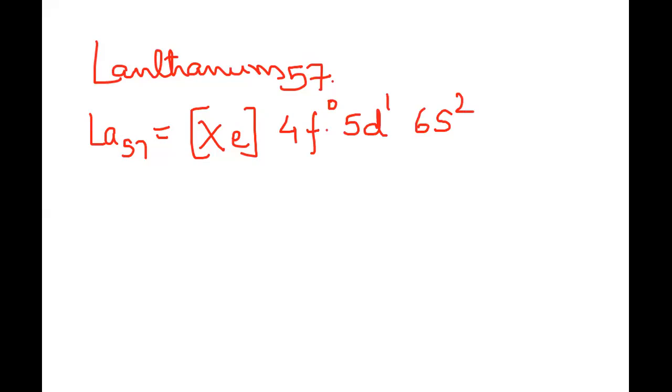But then why is it that the electron has not entered the 4f, but has gone to 5d? See children, when you go to heavier elements, the overlapping increases so much that the difference in the energy levels becomes very narrow, the difference in the energies becomes very less.